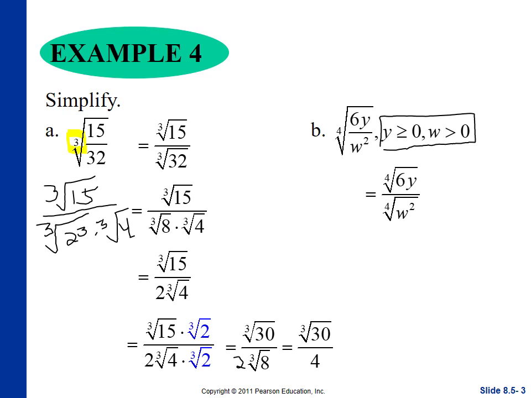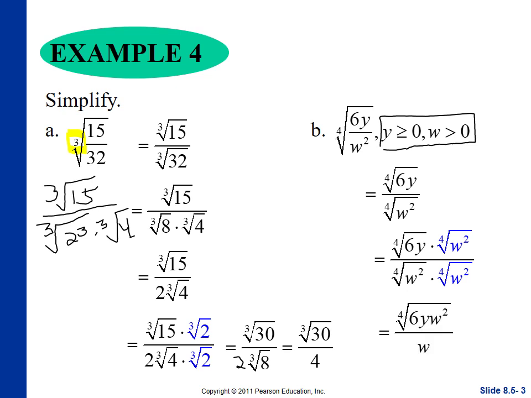You're going to want to multiply and get to w to the 4th. So you're going to multiply by w squared in the denominator. In doing that, I end up with the 4th root of w to the 4th, which is w. So you multiply in through the radical there on the denominator here. And so we end up with 6yw squared, and then we want the 4th root of that.